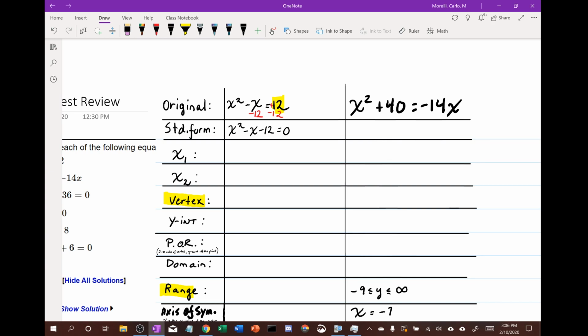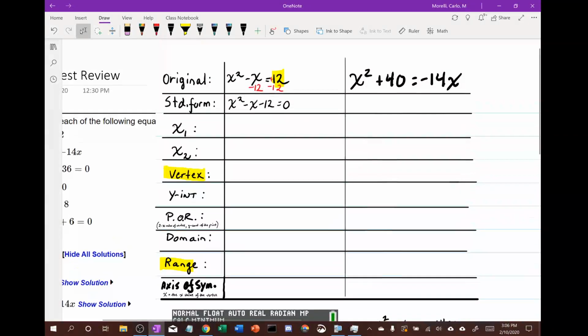I didn't tell you in advance, so for today it's not so important, but I'll try to get you a table, because for every quadratic equation we need to be able to do all of these things: standard form, x1, x2, vertex, y-intercept, point of reflection (that's what POR stands for), domain, range, and axis of symmetry. So 9 things for every quadratic that you do.